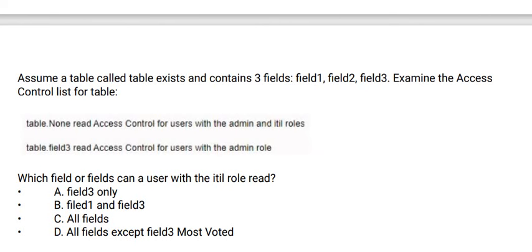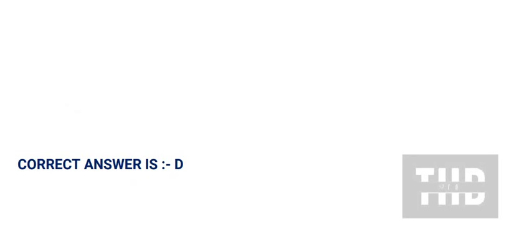Option A, field 3 only. Option B, field 1 and field 3. Option C, all fields. And option D, all fields except field 3. The correct answer is option D.